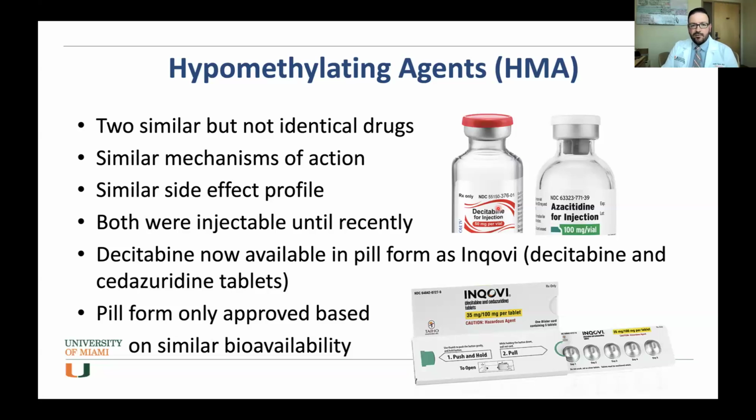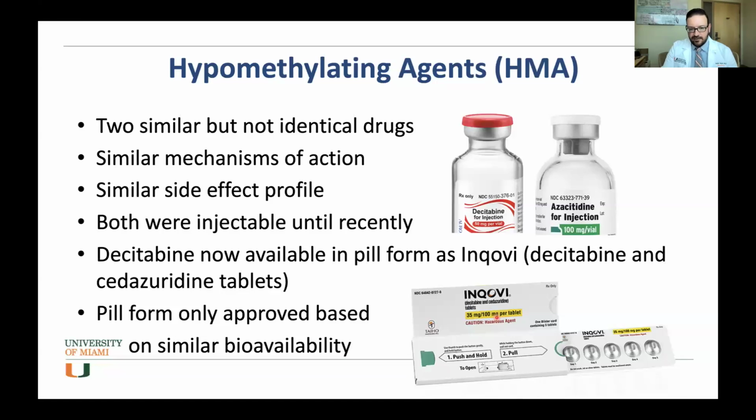Both, until recently, were injectable drugs. But decitabine is now available in a pill form, also known as Inqovi, or decitabine and cedazuridine tablets, shown in this picture here. It's combined into one pill, but it's actually two drugs that allow the decitabine to be given as an oral pill and not need to be injected.